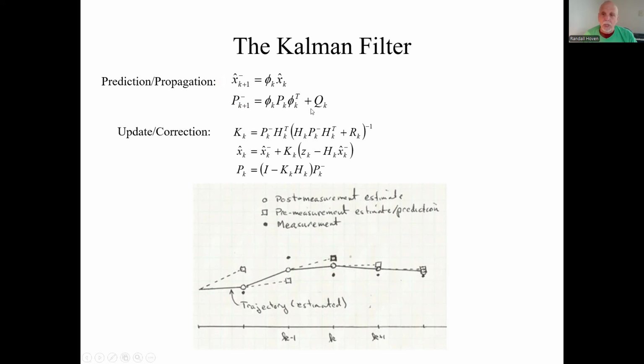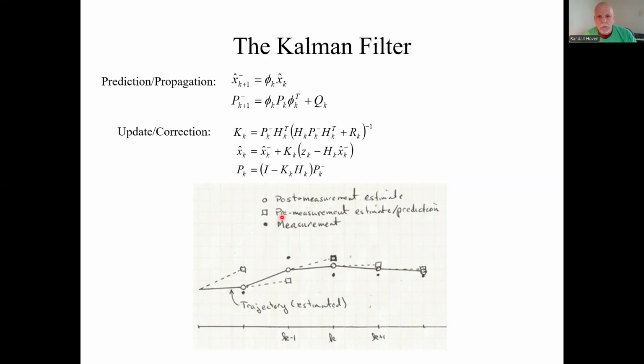Here's the way we propagate from time step k to time step k plus 1. And here's how we calculate the gain and update the state and the covariance matrix once we process the measurement at time k. Here's what's going on. We have measurements, these dots.